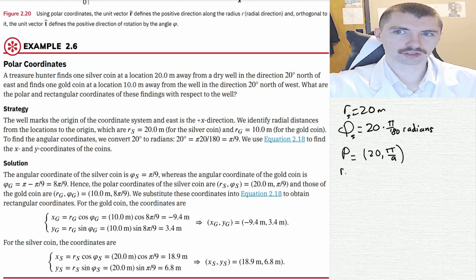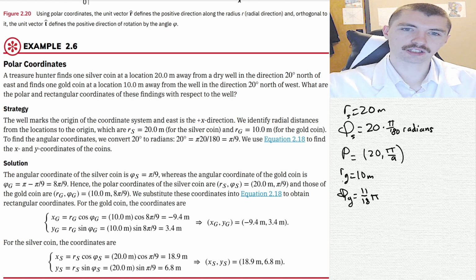So R for the gold coin is 10 meters. Phi for the gold coin is, going west, so that's 90 plus 20.